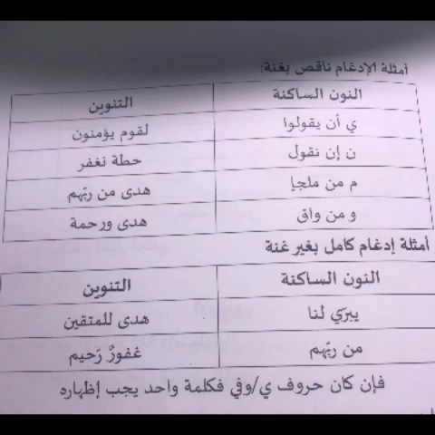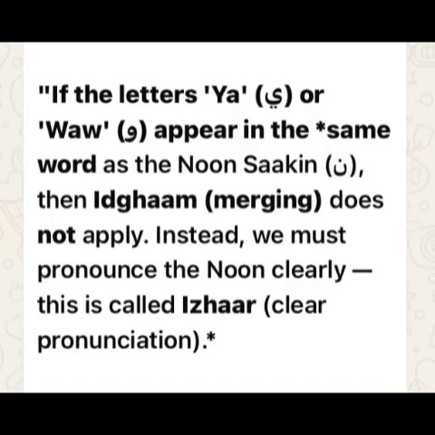But in a case whereby we find these 2 alphabets, ya or wow, and before them there is a nun sakina in one word, it is necessary to show the nun, which means we will bring about the rule of idhar. If the letters ya or wow appear in the same word as the nun sakina, then idgham does not apply.